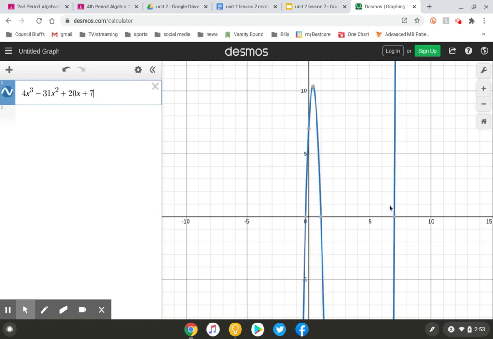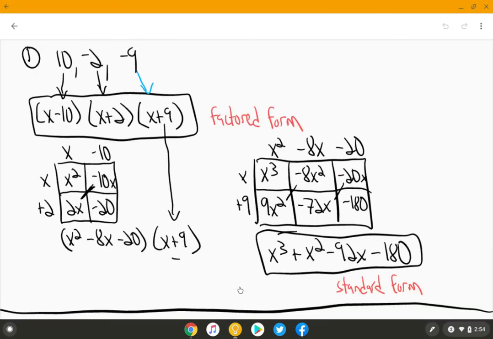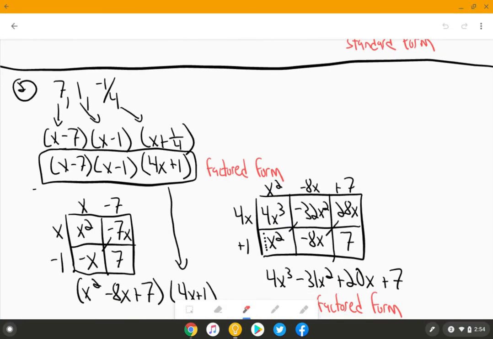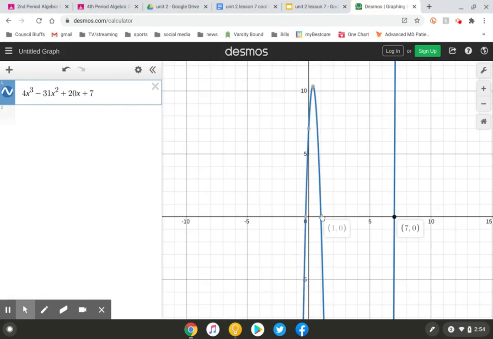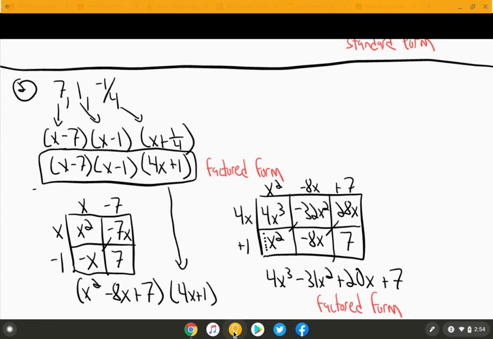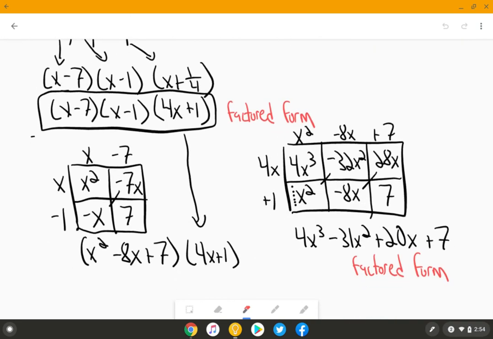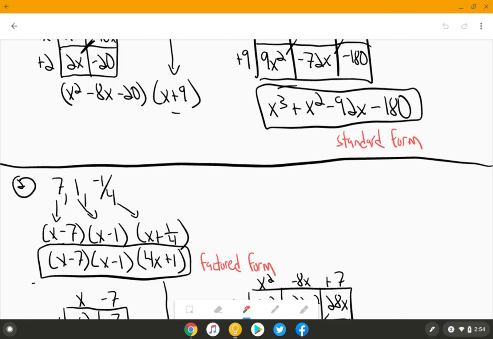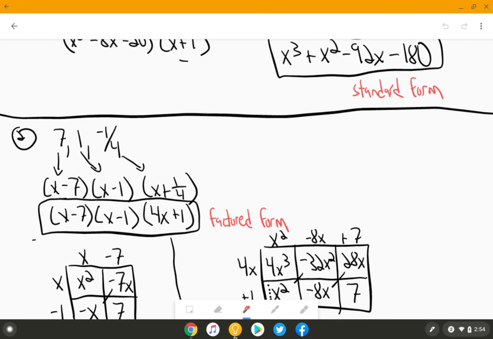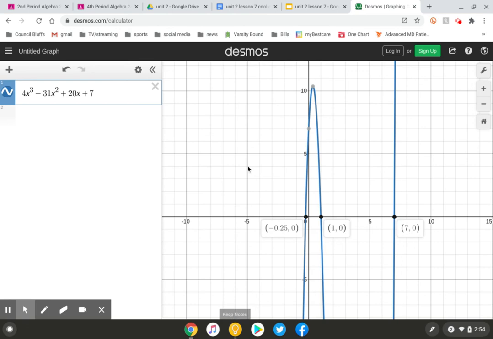And let's check the x-intercepts. We have an x-intercept at 7, right? We have an x-intercept at 1. Okay. And we have an x-intercept at negative 0.25, which is the same as negative 1/4. So we know we are correct.